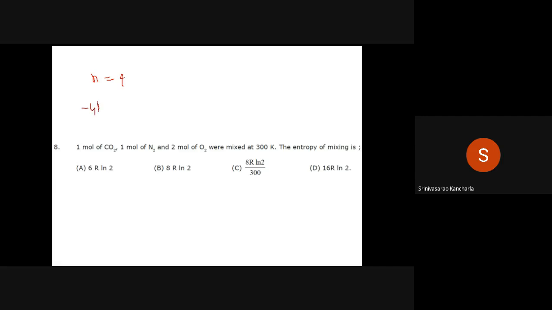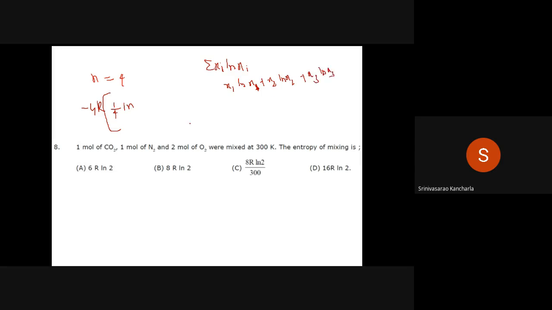Minus 4R. What is xi? It is 1 by 4. Suppose I am considering CO2 as the first one. You know that, right? Sigma xi ln xi, and you can expand it in terms of each one. If you have 3 components, it will be x1 ln x1 plus x2 ln x2 plus x3 ln x3.